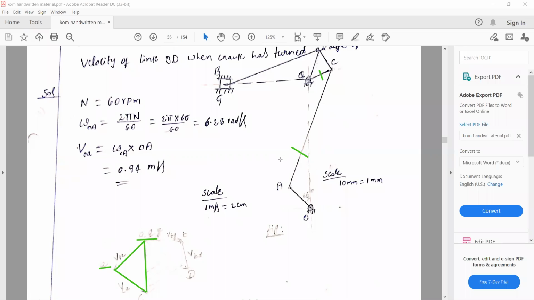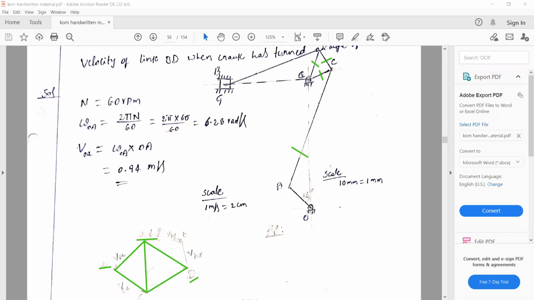Here you have to identify CD. So this is the perpendicular of CD, but we don't know the length. Just draw the CD perpendicular. And now the QD perpendicular is this one. At the intersection of CD and QD, the D point is identified here.